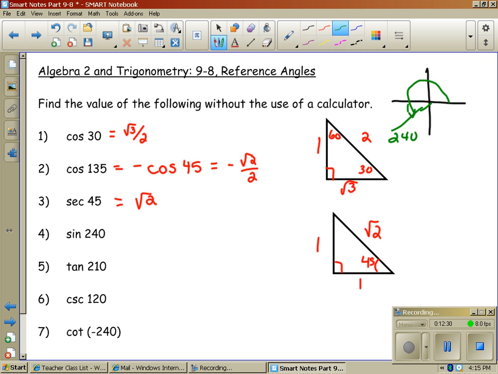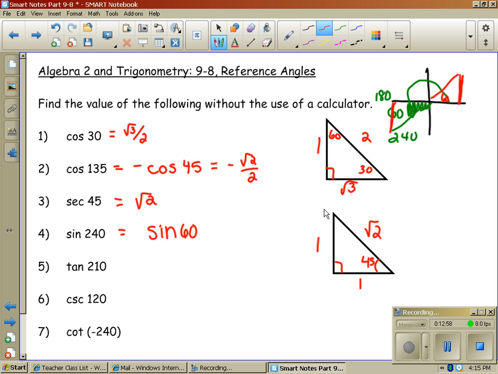The reference angle is 60 degrees because it's 180 to here, 240 to here, the difference is 60. So the sine of 240 is the y value here, which is the same as the y value here if this were 60 degrees. So the sine of 240 is equivalent to the sine of 60.